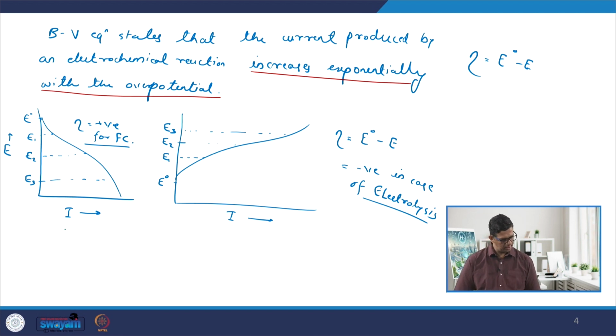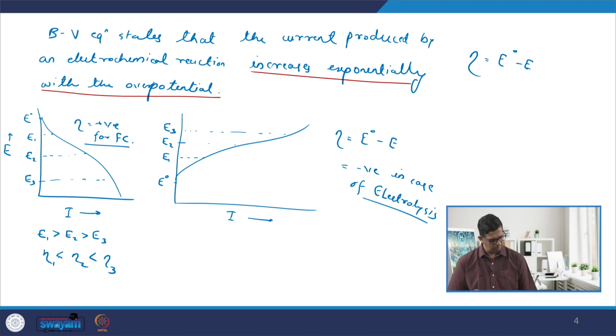So I can write this in case of fuel cell: E1 is greater than E2, greater than E3. So your eta 1 is smaller than eta 2, smaller than eta 3, because the difference is between E naught and E. So this is in case of fuel cell.